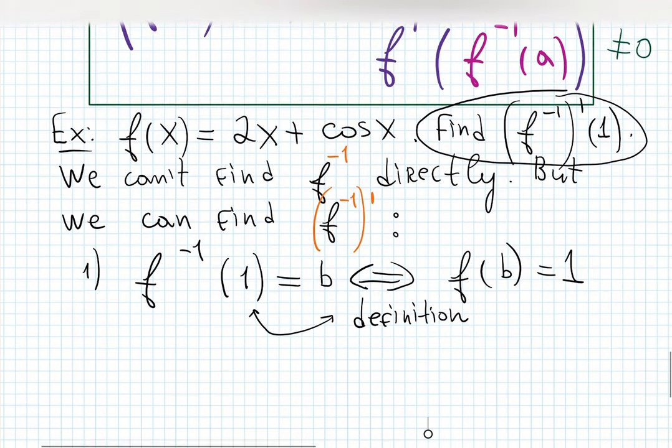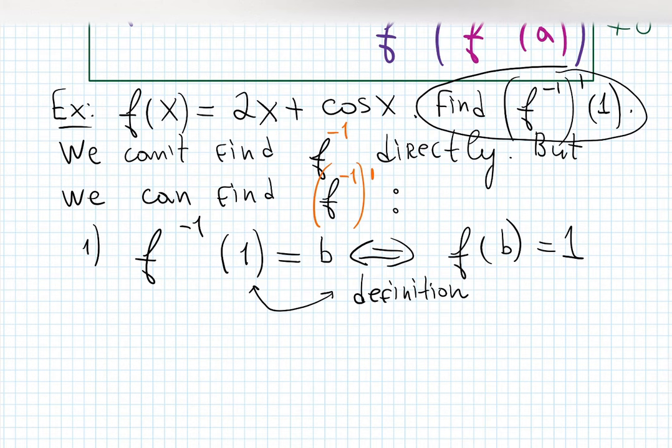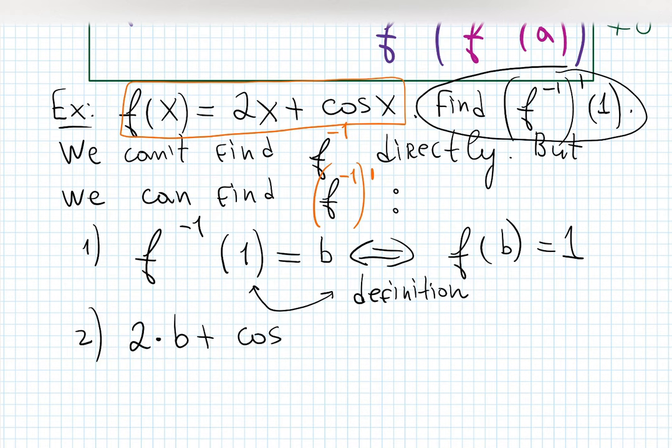Then let's plug b into the function we have, 2x plus cosine x. Step 2: plug b everywhere you see x. 2 times b plus cosine b, and we know the result. It's 1.